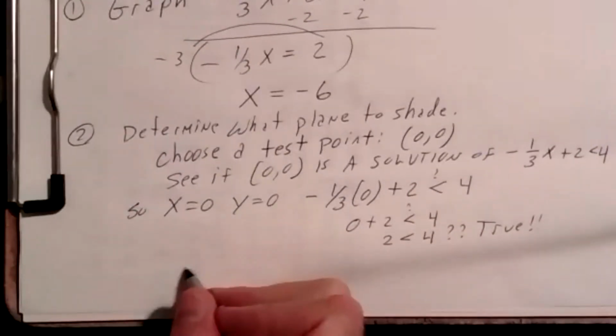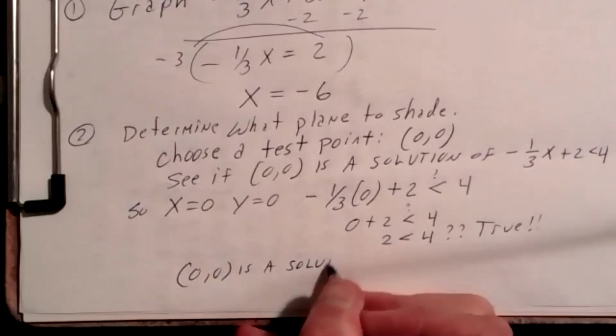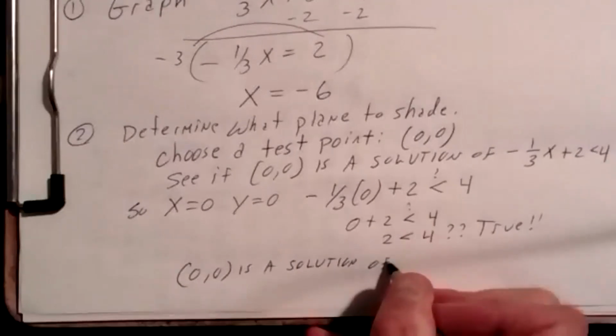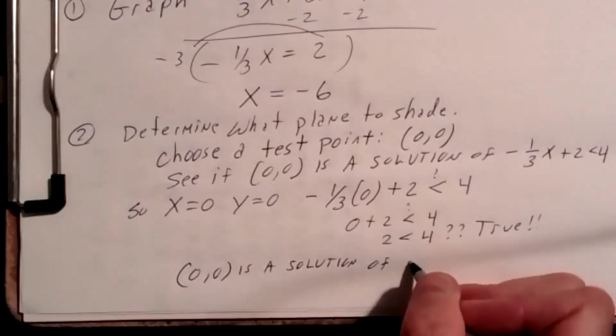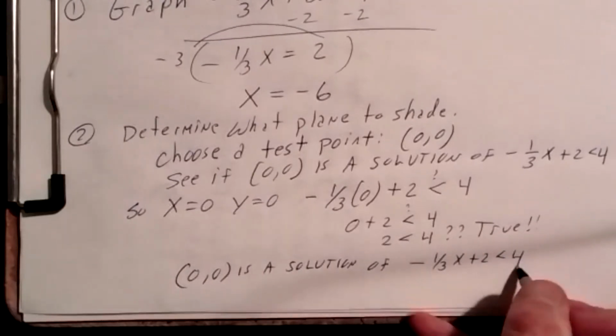So that being the case, ladies and gentlemen, we conclude that 0, 0 is a solution of the inequality negative 1/3 x plus 2 less than 4.